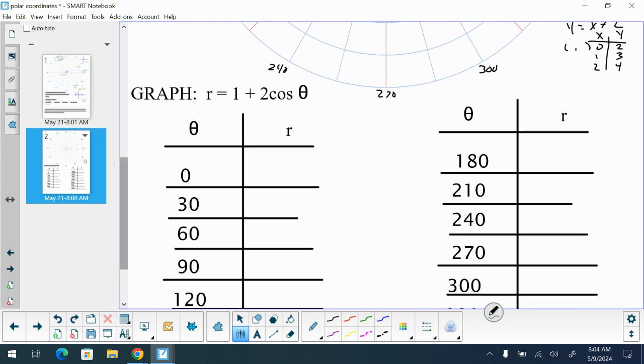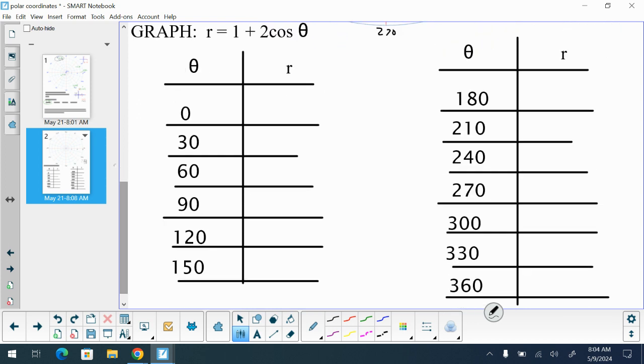We have these values of theta that we can plug in here. We can choose whatever values we want, but I just want 0, 30, 60, 90, and so on. So what I want you to do is plug in 1 plus 2 cosine 0, 1 plus 2 cosine 30, 1 plus 2 cosine 60. Get a decimal value here. That will create an ordered pair of r, theta for you. I want you to plot those ordered pairs. So find your values of r.